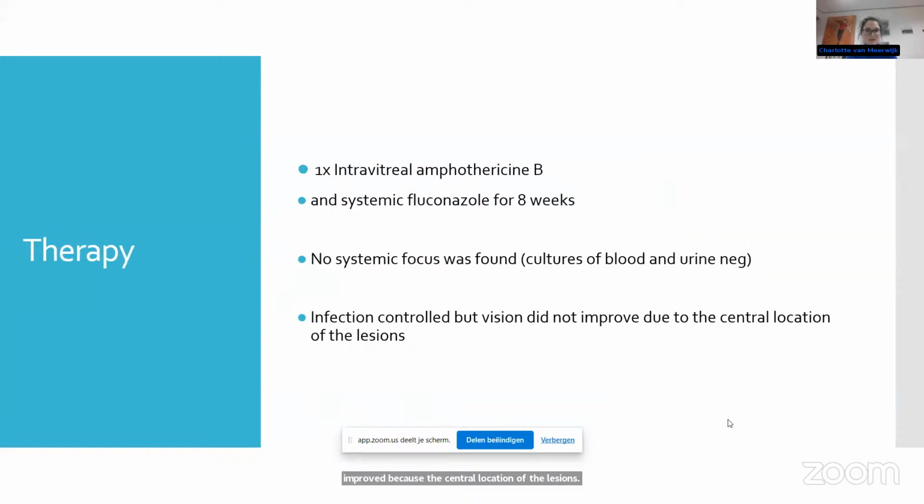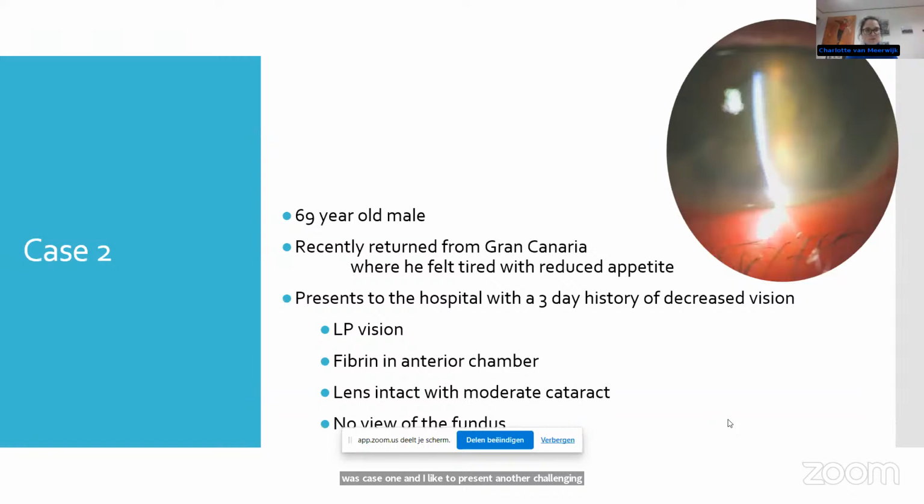This was case 1, and I would like to present another challenging endogenous endophthalmitis case, and that's this one. Case 2 is about a 69-year-old man, currently a resident of Gran Canaria, who felt a little bit tired with reduced appetite.